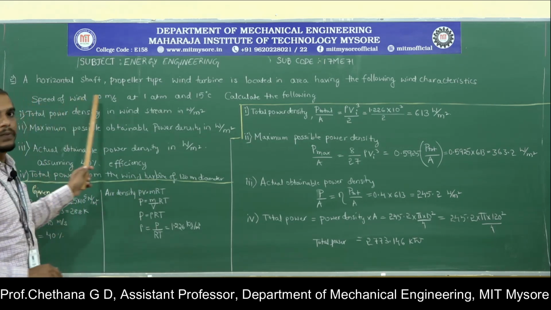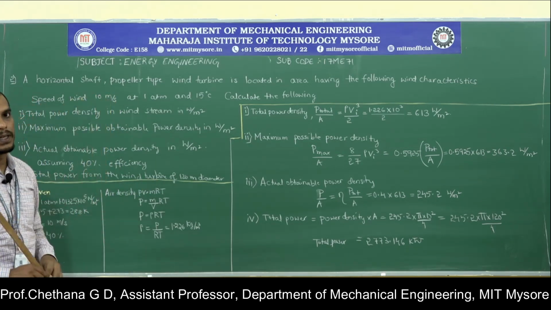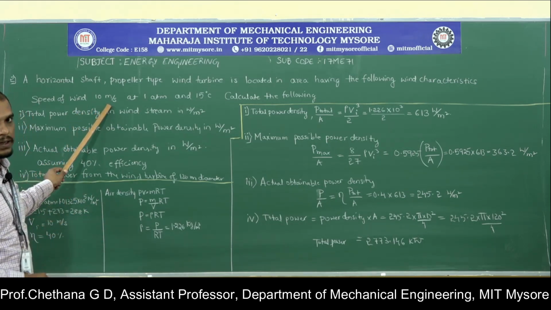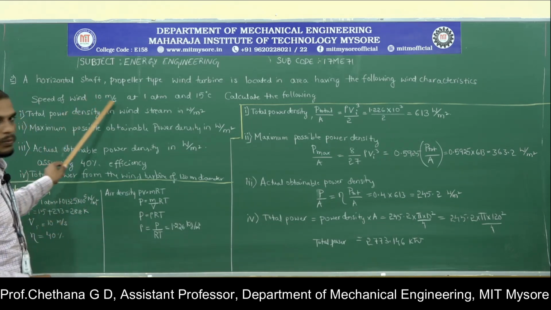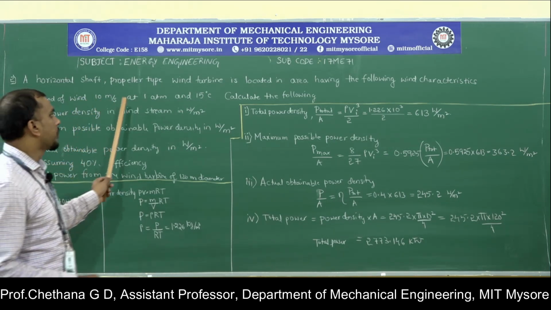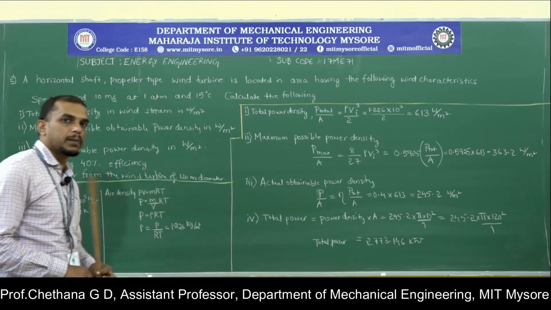The speed of the wind is 10 meter per second. So speed of the wind is given, Vi, V suffix I is 10 meter per second at 1 atmospheric pressure.